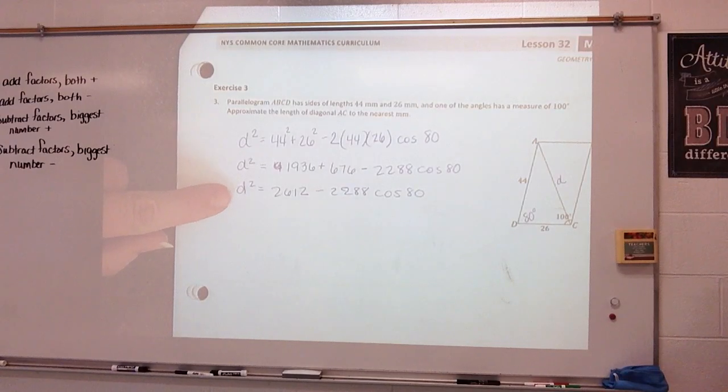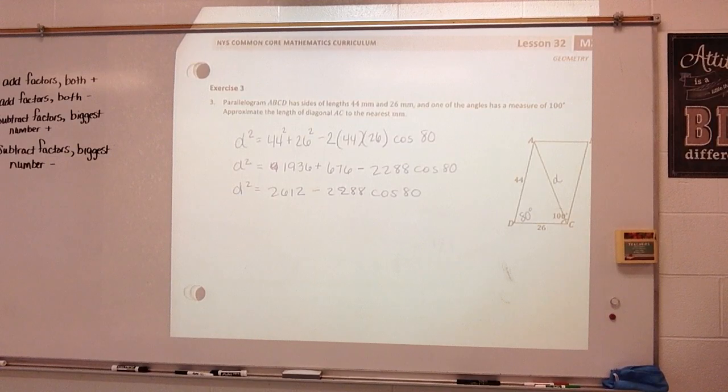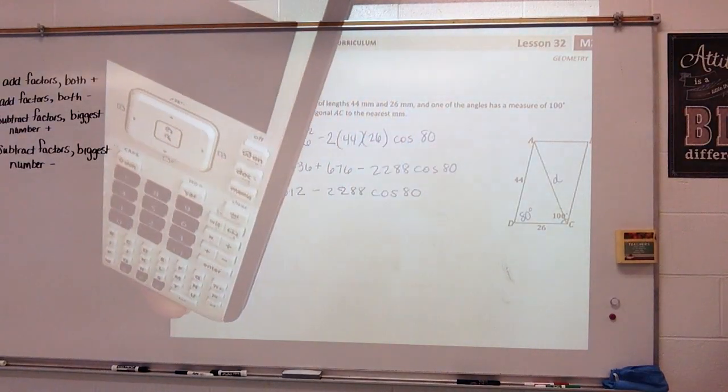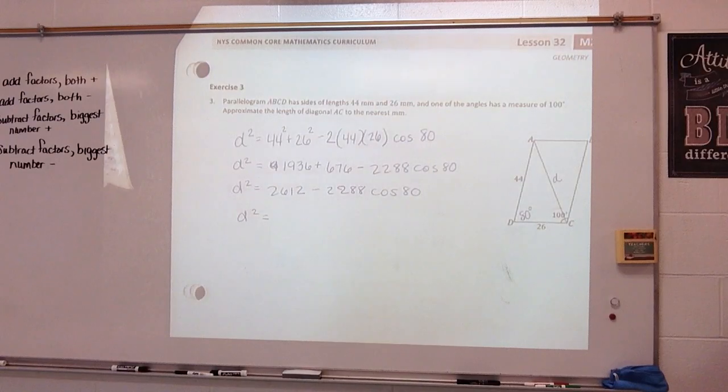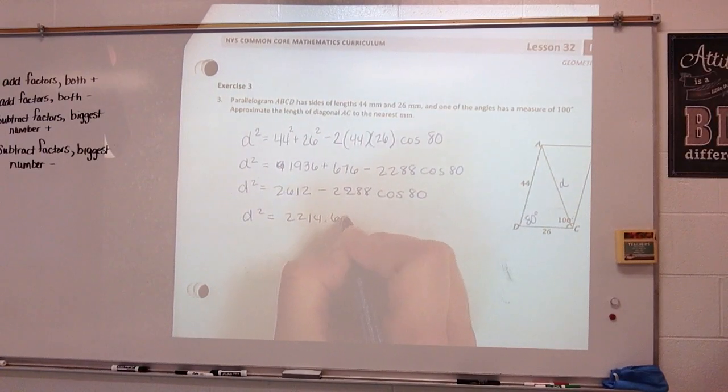So now I can do this: 2612 minus 2288 cosine of 80 gives me that d squared is equal to 2214.69.